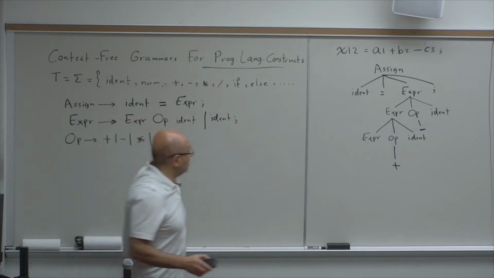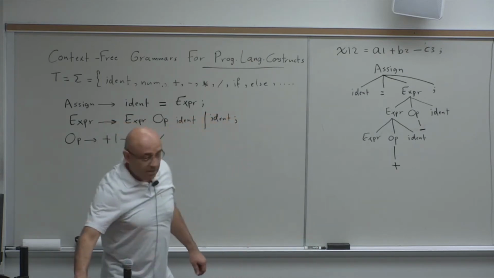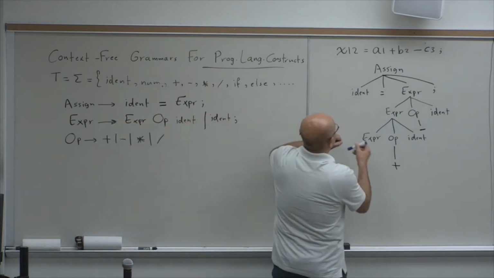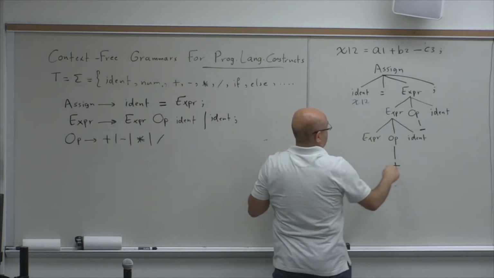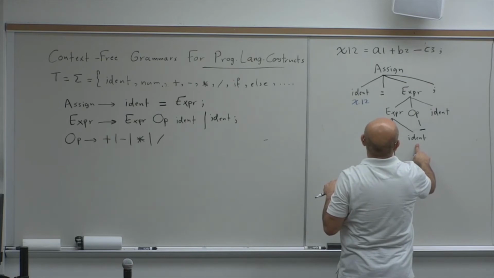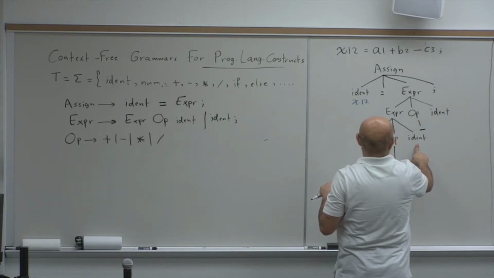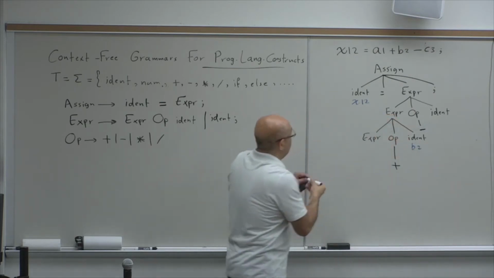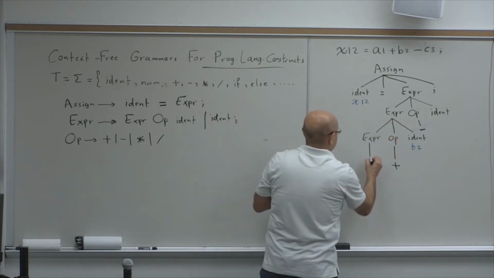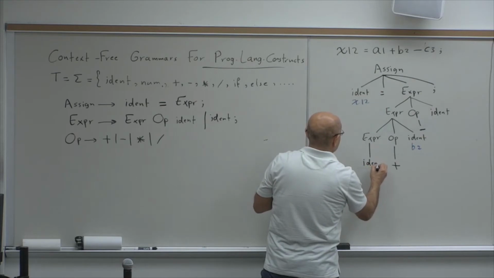Now, what's this identifier? This is the x12. What's this identifier? B2. Yeah, so this is going to be the B2 because the A1 is going to be this.